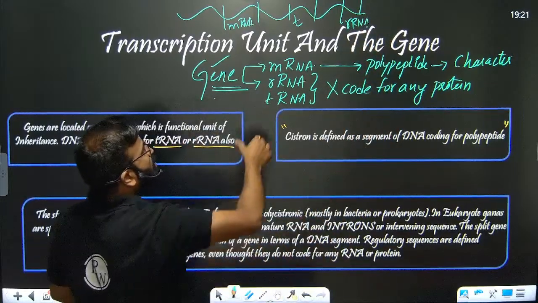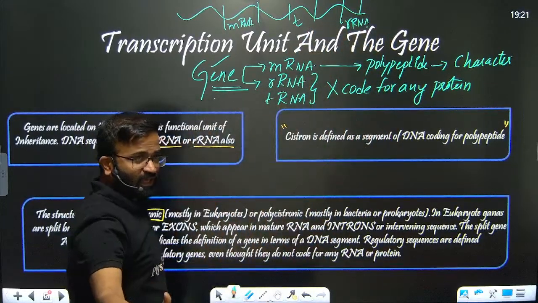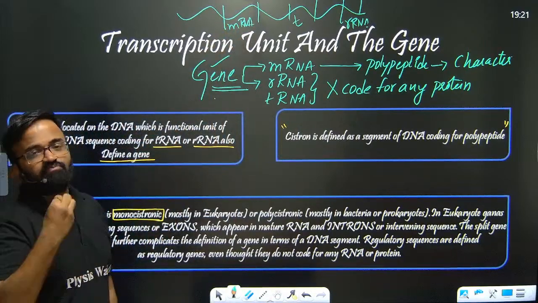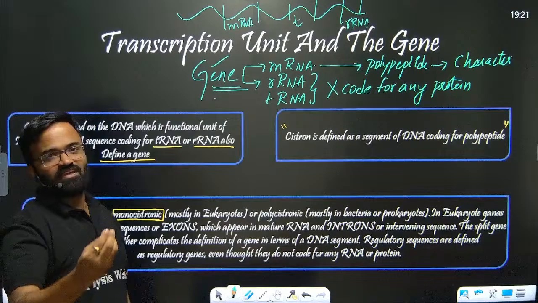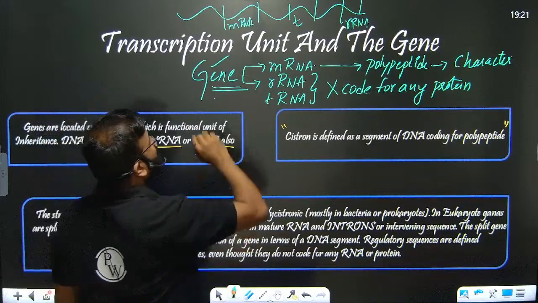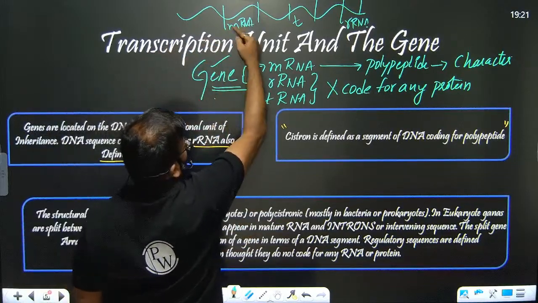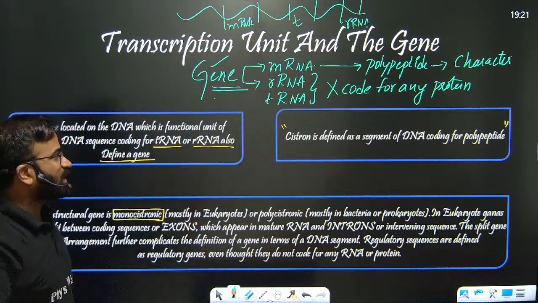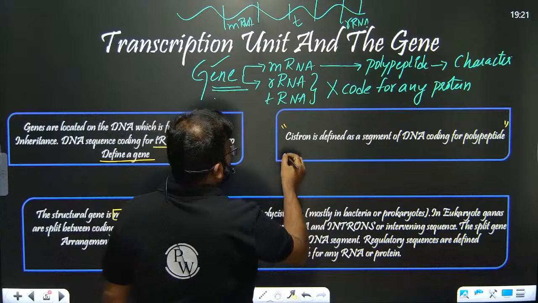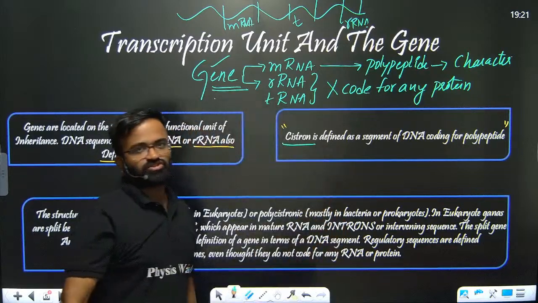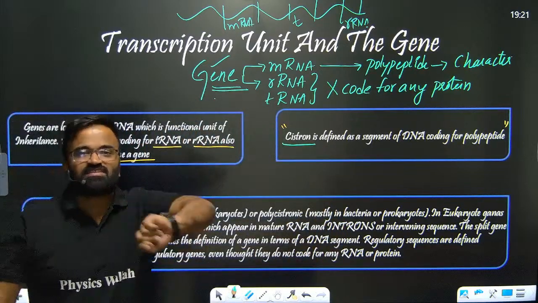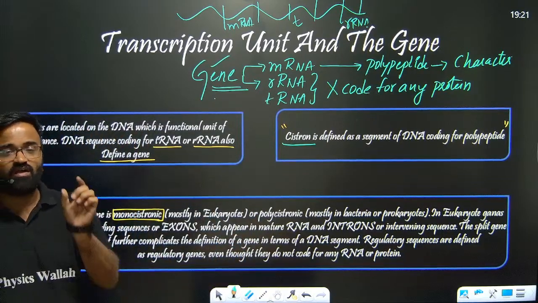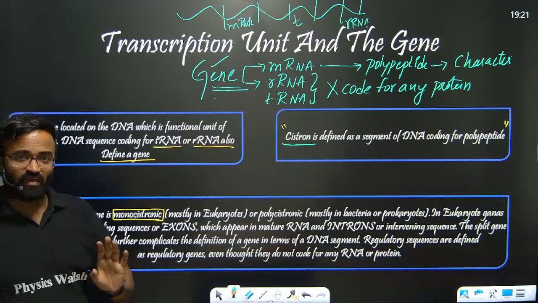If these two are not coding for any protein and this is the only one that is coding for protein, in molecular biology we need a new term to differentiate between the gene which codes for mRNA and the genes which code for the tRNA and rRNA, and that's how we ended up with a term called cistron. Cistron is that gene which codes for a particular polypeptide chain.